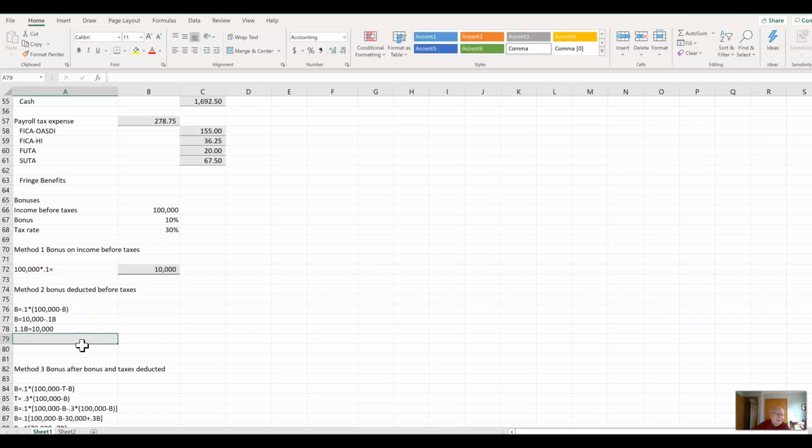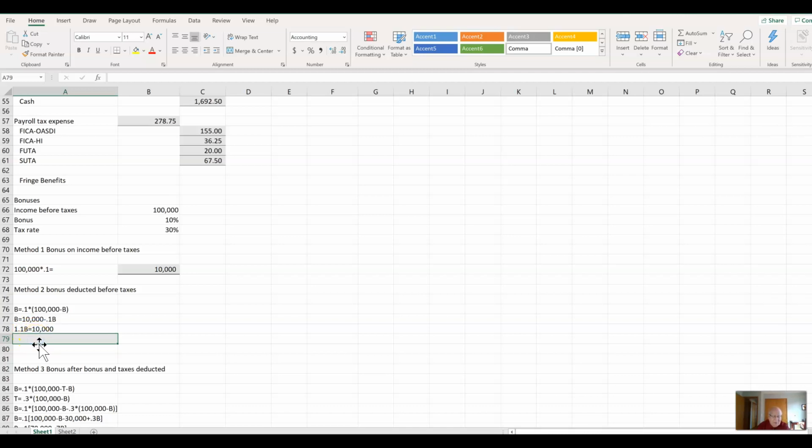Okay. Now here I did method 2, which is the bonus is deducted, but the taxes are not. So your equation would be the bonus is equal to 10% times 100,000 minus the bonus. Okay, so then you multiply everything by 10%. So you have the bonus is equal to 10,000 minus 0.1B, or 1.1B is equal to 10,000.